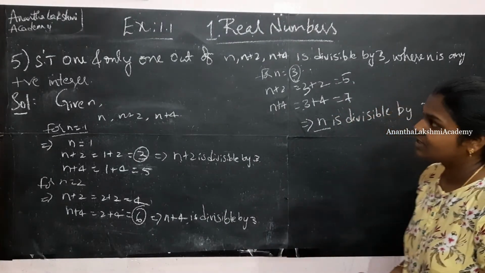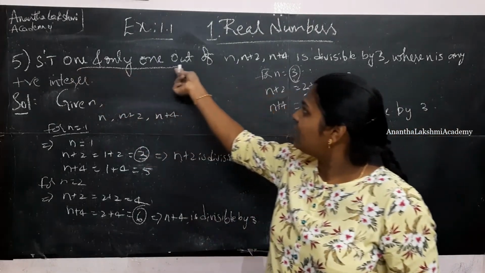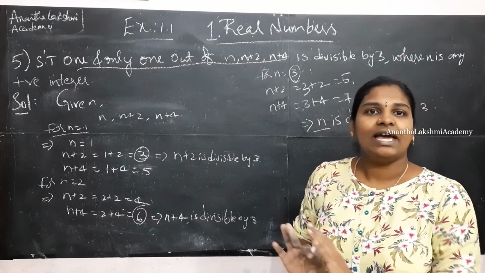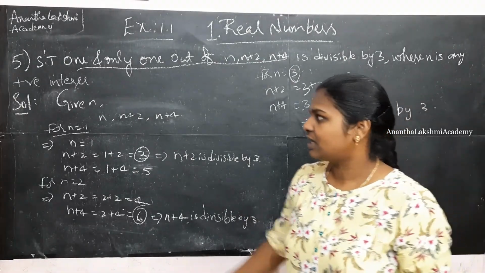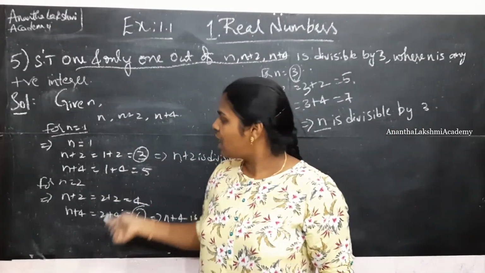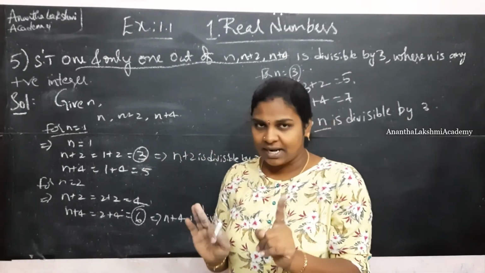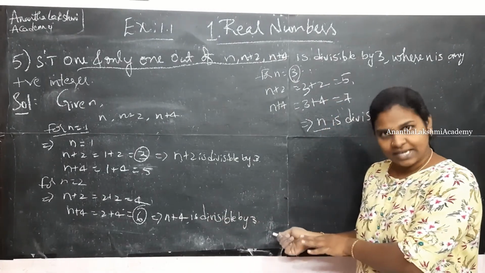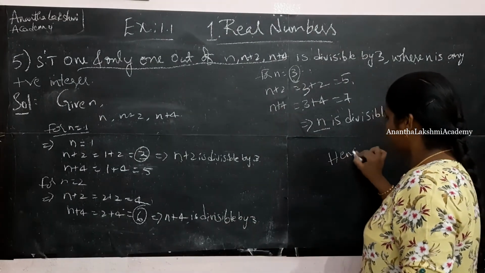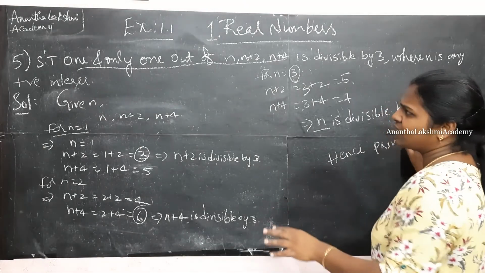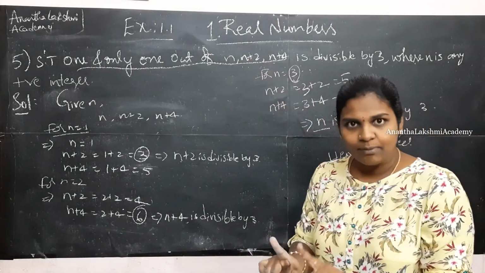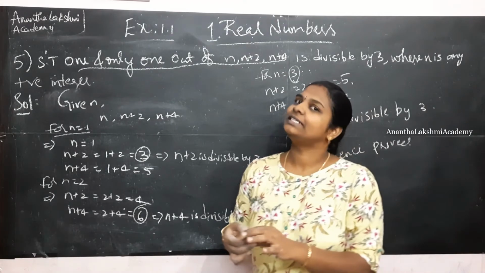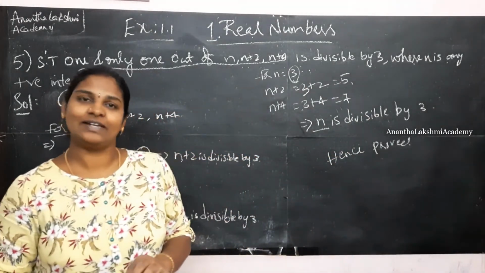That is what they are asking us to prove: one and only one out of these three values is divisible by 3, where n is any positive integer. Is that what we have proved? Yes, right? Hence proved. They are just asking us to show that among these three values, at a time only one value is divisible by 3. So, congratulations, we have completed exercise 1.1 in chapter 1, real numbers.